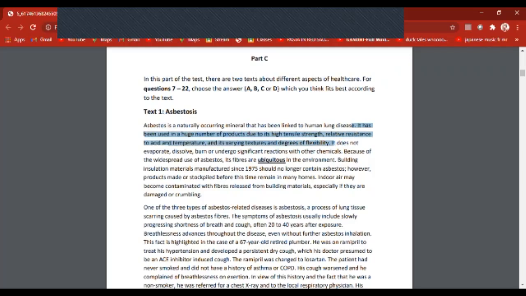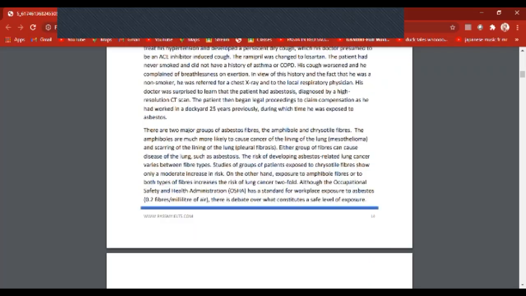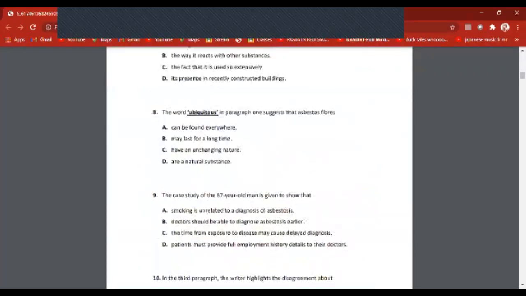We know it has been widely used, but this is talking about the quality, not giving the reason. This sentence is giving us the reason. Is that clear? Okay, go to the next one.